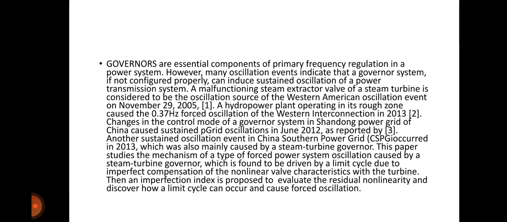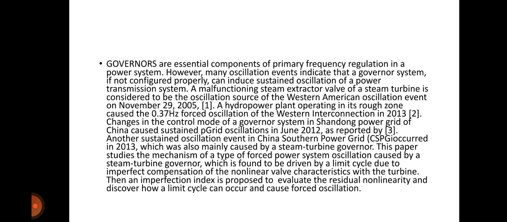A hydropower plant operating in its rough zone caused the 0.37 Hz forced oscillation of the Western interconnection. Changes in the control mode of a governor system in the Shandong power grid of China caused sustained grid oscillations in June.